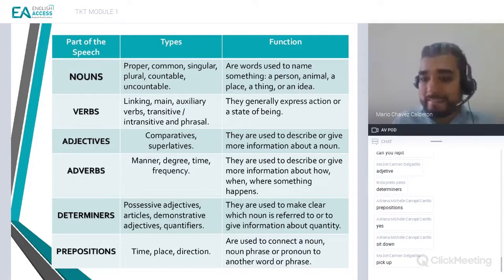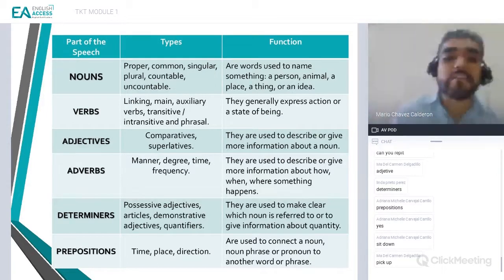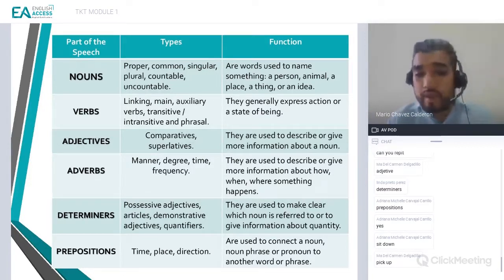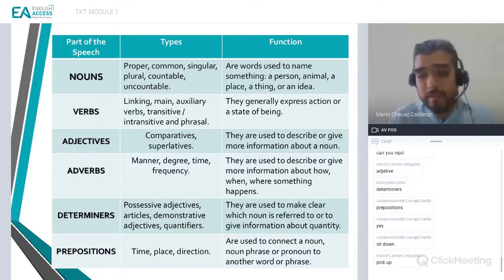Or late, right? They are adverbs of time. Or adverbs of frequency, like for example, when you say always, seldom, usually, right? Those are adverbs of frequency. They give us information about how, when, where something happens. Okay? So adverbs describe verbs, adjectives describe nouns.